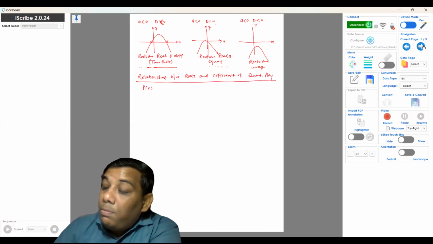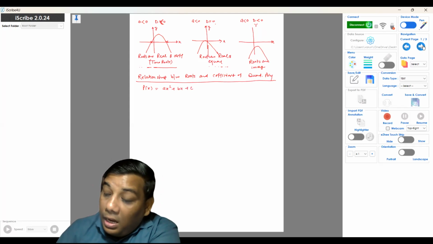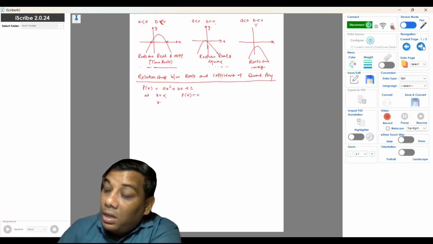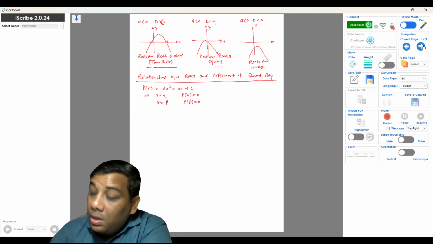Suppose we are having the polynomial ax square plus bx plus c, and at x equal to alpha, p(alpha) equal to 0. At x equal to beta, p(beta) equal to 0. Now what does it mean?